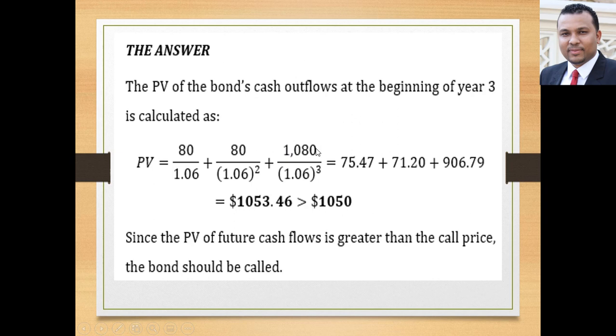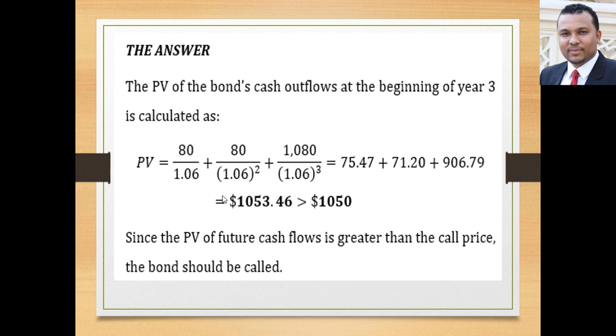The issuer pays face value plus the coupon. So the result equals $1,053.46. This is the present value of cash outflows from year 3, year 4, year 5 in the lifetime of this bond.